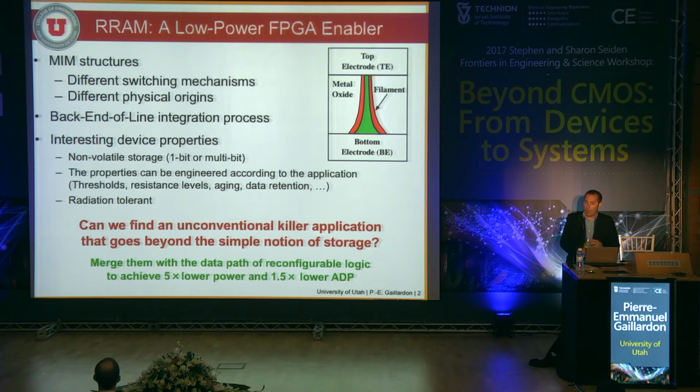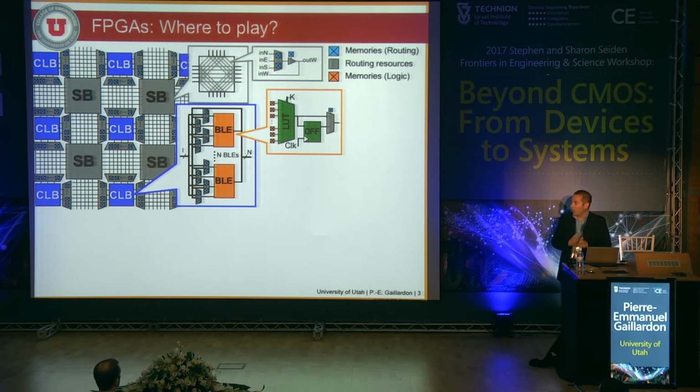When we talk about FPGAs, we need to consider where to play. FPGAs are reconfigurable logic systems composed of basic logic elements and ultimately lookup tables that perform the combinational operations.